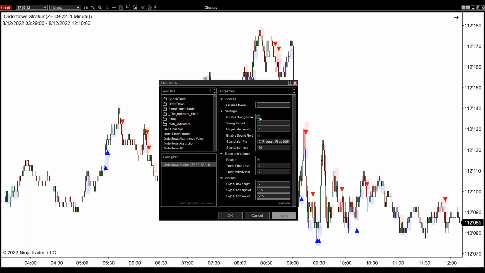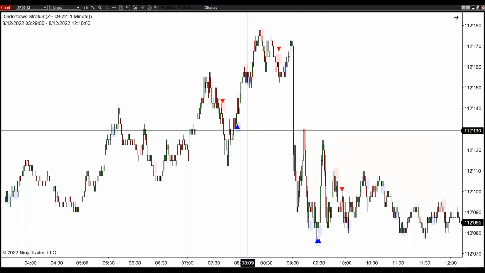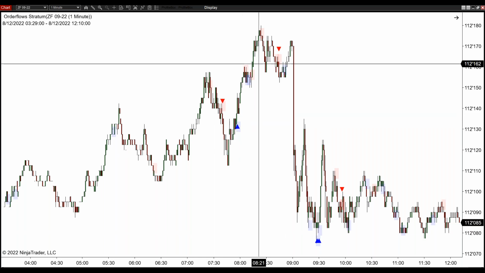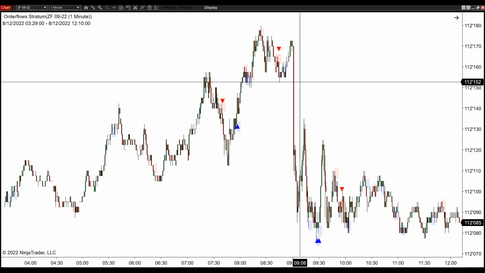But if you want to add a swing filter, just click that box. Swing period, you can start at 1. If you want a bit wider swing period, you can change it to 3, or you can change it to 5. So you see it says calculating up here. So it's got that move down, this move up, this little move here. That might have been a scratch, but nice to catch that move down.